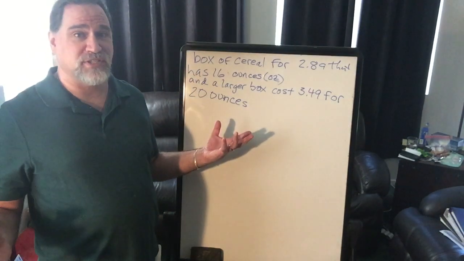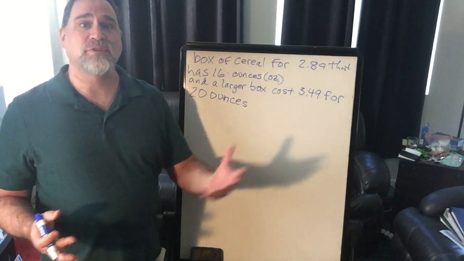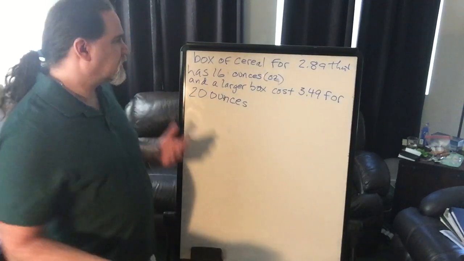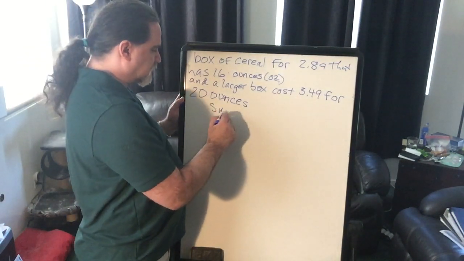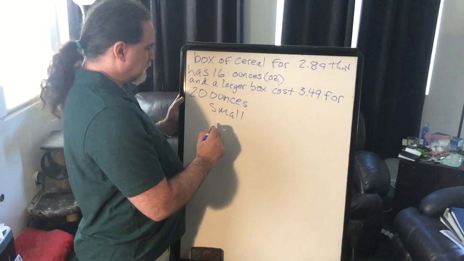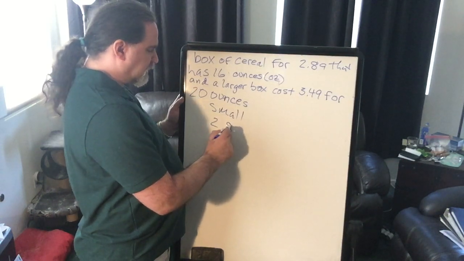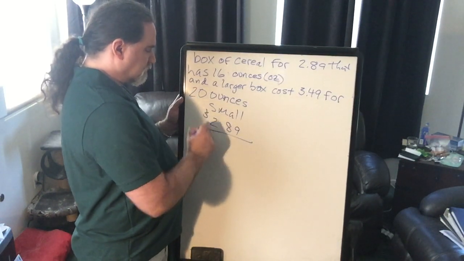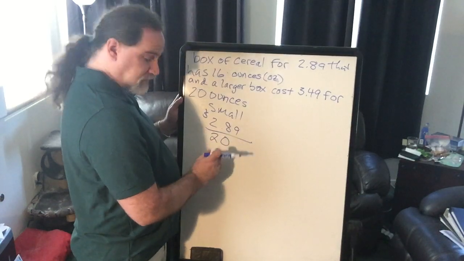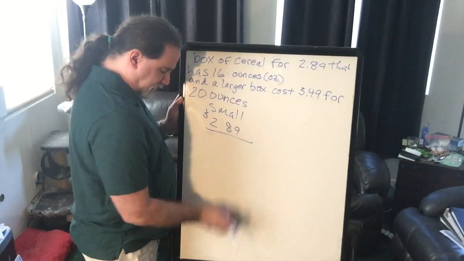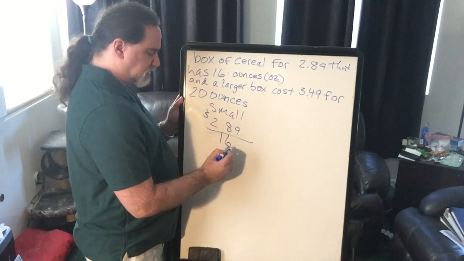Now, how do I decide which one's the better deal? I turn them both into unit rates. I say, well, the small box is $2.89 for, sorry, I did it again, for 16 ounces.